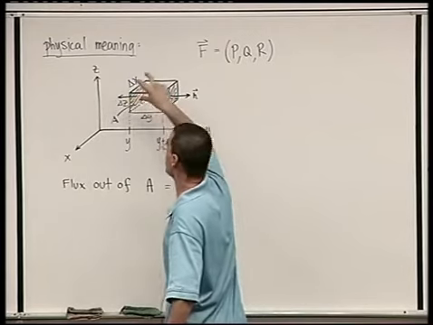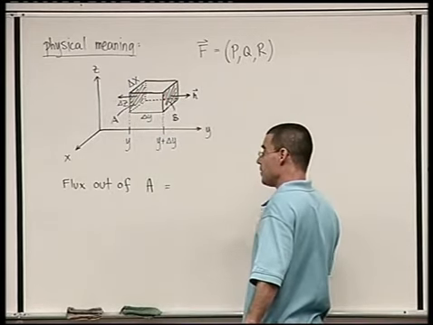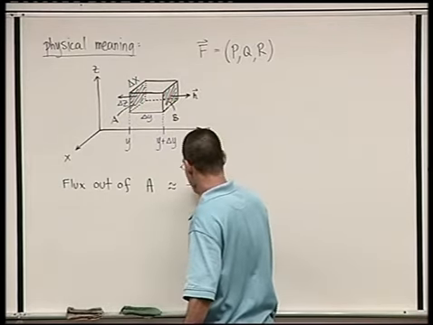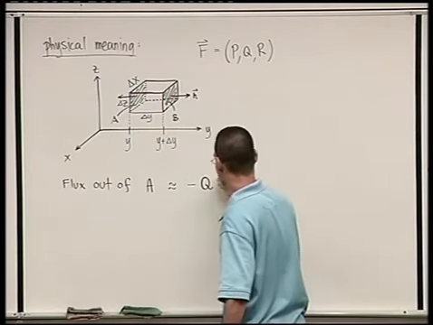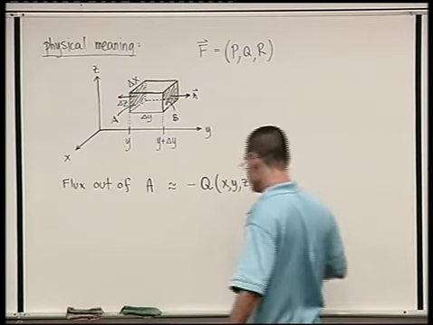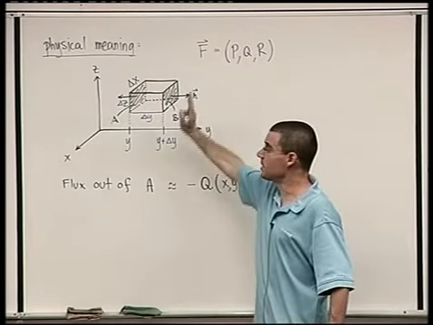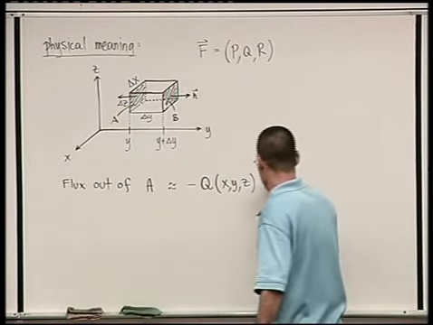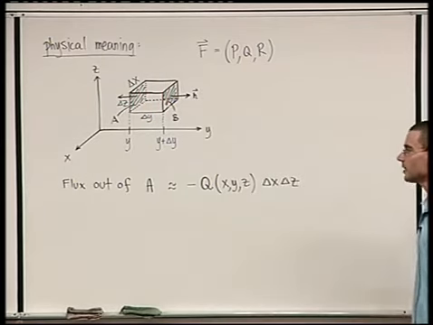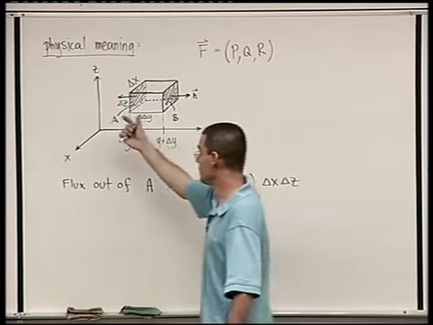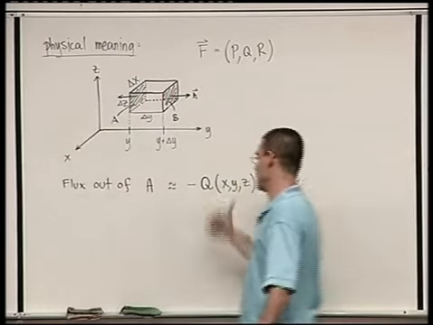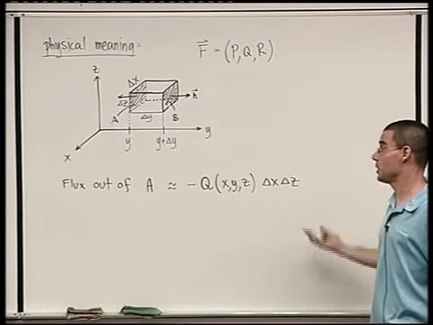We're assuming that the field is constant on this side. So the flux out of A is approximately minus q evaluated at, let's say, this point, doesn't matter, x, y, z, times the area of A, which is delta x times delta z. This is the flux out of A. Minus because I'm thinking of the normal pointing this way, so the flux out is minus the flux going in the positive direction.